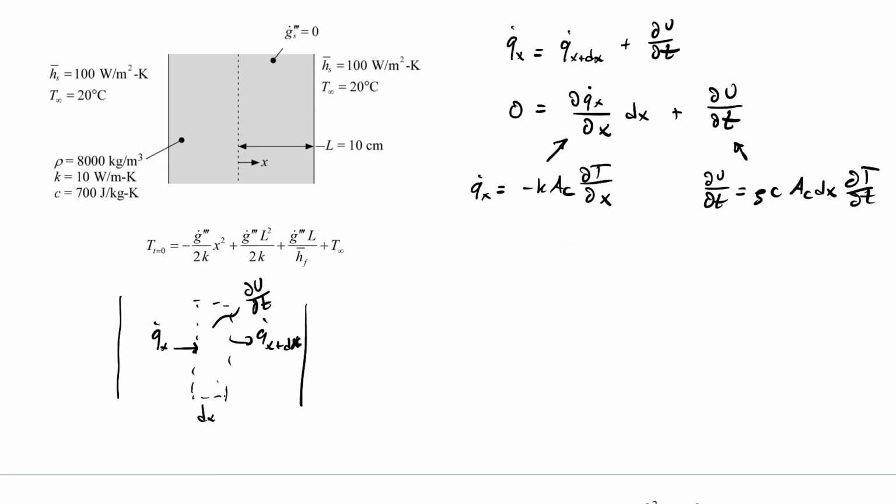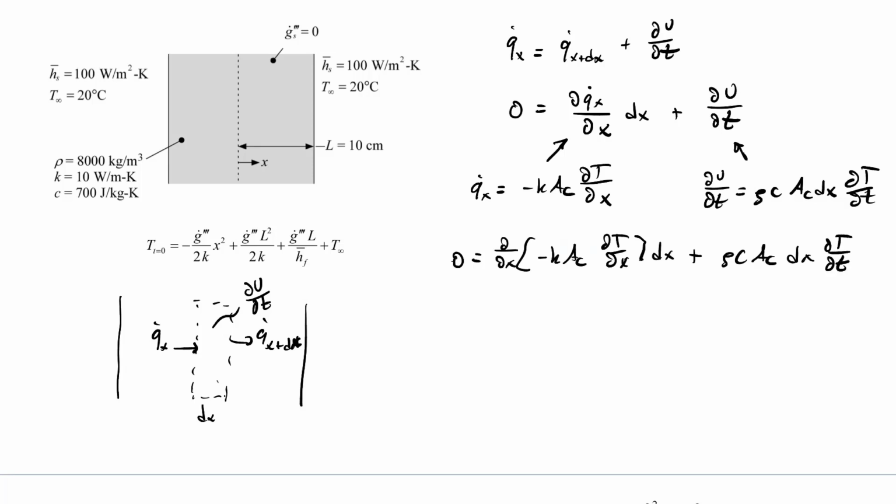Bring that back together, and we end up with 0 is equal to the partial of minus k A_c dT/dx, with respect to X, times dx, plus rho c A_c dx dT/dt.